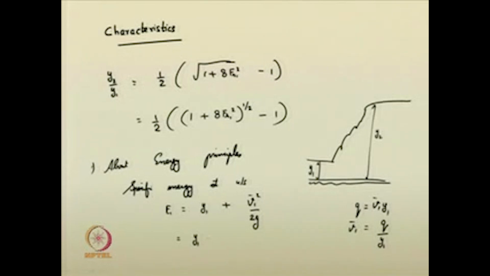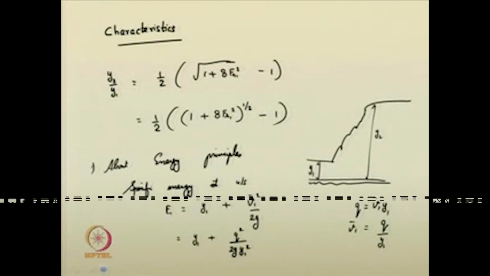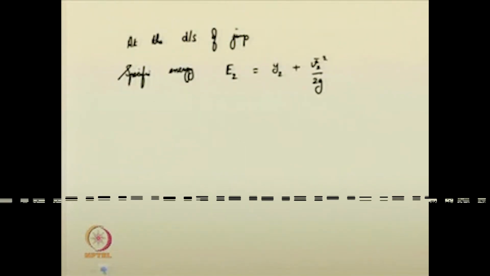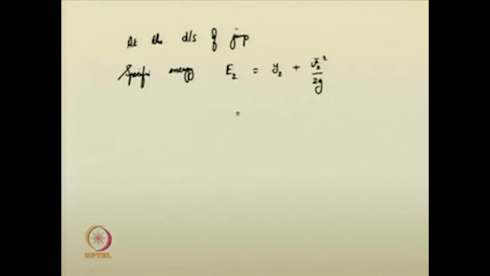I can write this as y1 plus q squared by 2g y1 squared. Similarly, for the downstream portion also, we can write the specific energy E2. Now, this is equal to y2 plus q squared by 2g y2 squared.